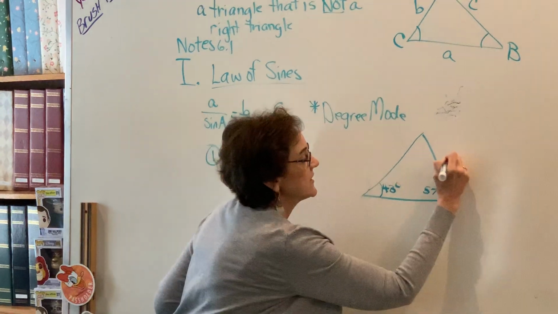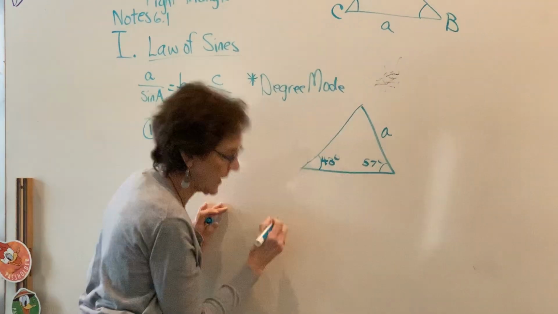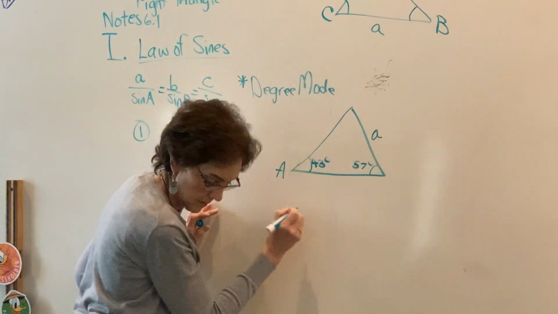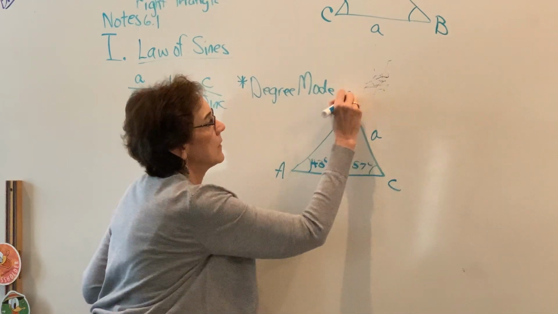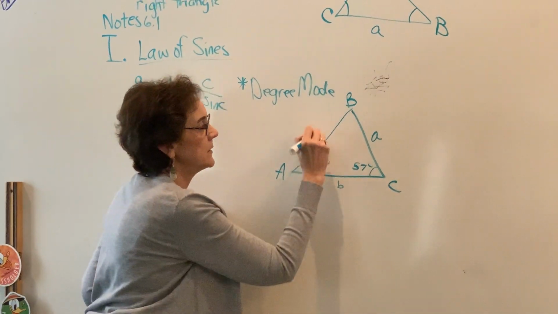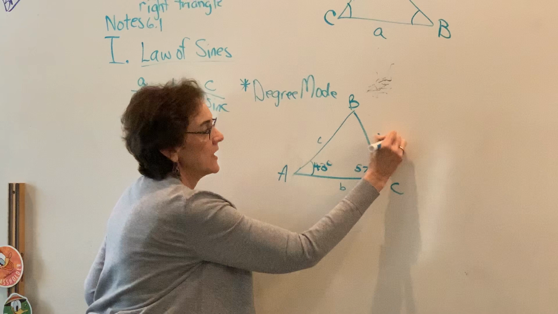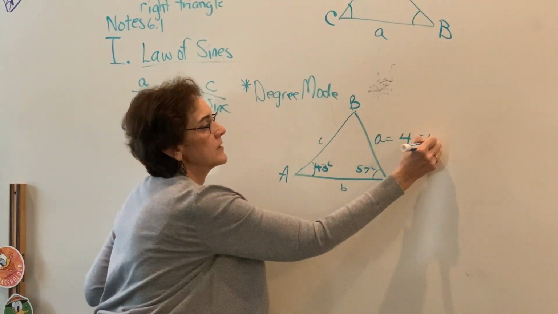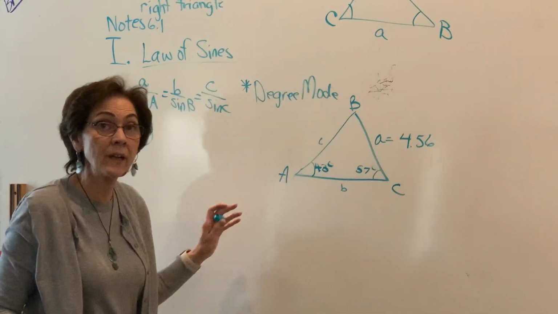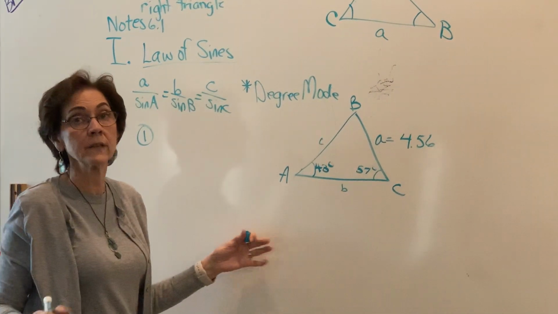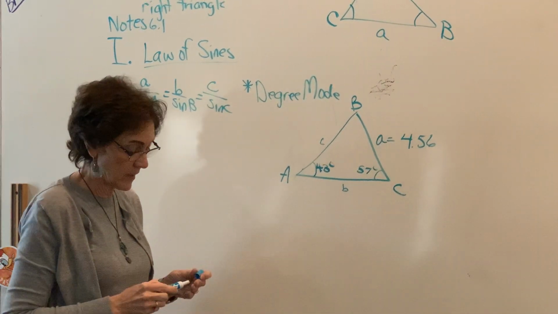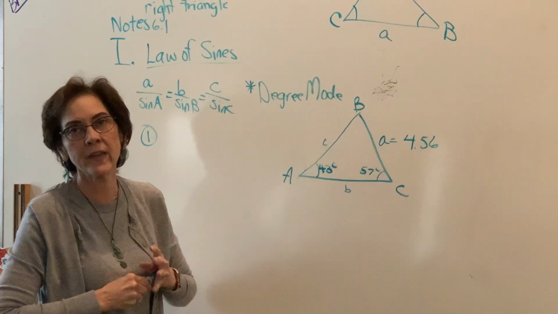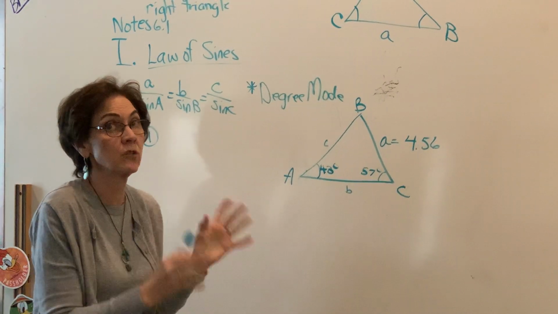And we know that this side over here, they call that a. So this would be lowercase b, lowercase c. And this side they give us is 4.56. So if this was a right triangle, you would already know how to solve it, but it's not a right triangle. It's an oblique triangle, so we can't use the Pythagorean theorem because it's not a right triangle.